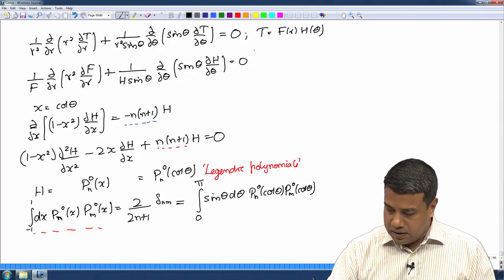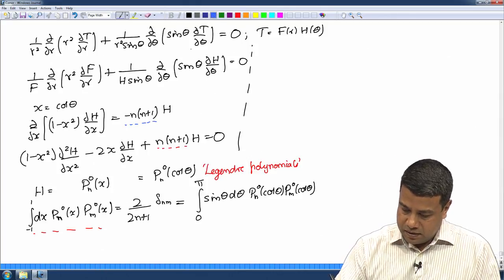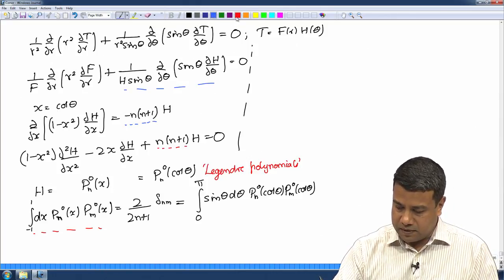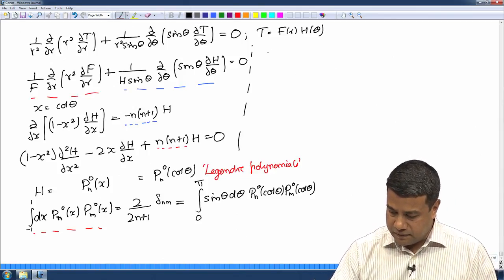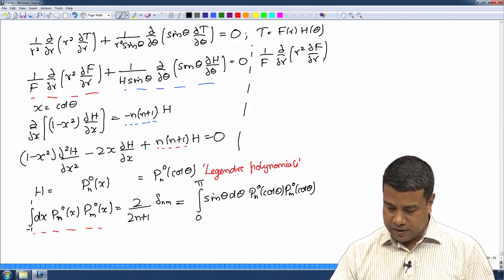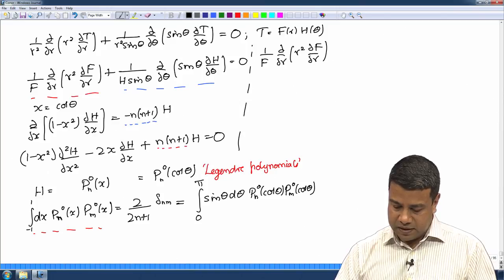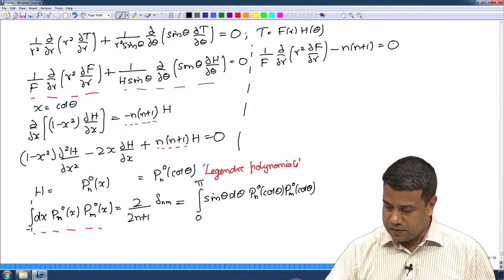So, now we have solved for the theta part, we have to now solve for the r part. For the radial coordinate, I have 1 by f d by dr of r square partial f by partial r. This whole thing was equal to minus n into n plus 1.